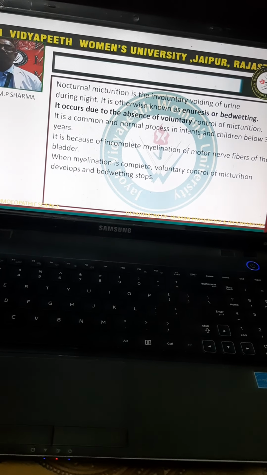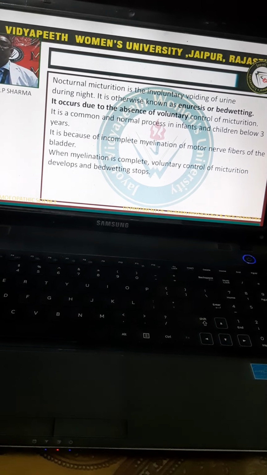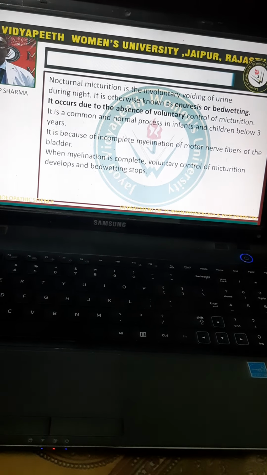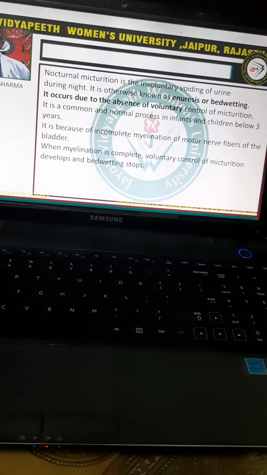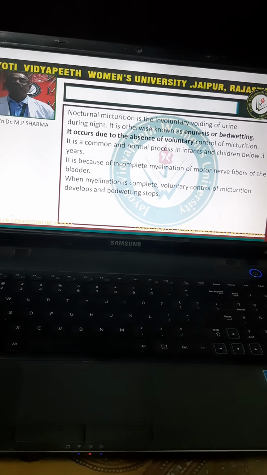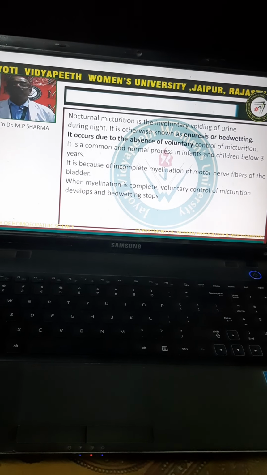Nocturnal micturition is the involuntary voiding of urine during the night, and it is otherwise known as enuresis or bedwetting. It occurs due to the absence of voluntary control of micturition and it is a normal process in infants and children below 3 years.